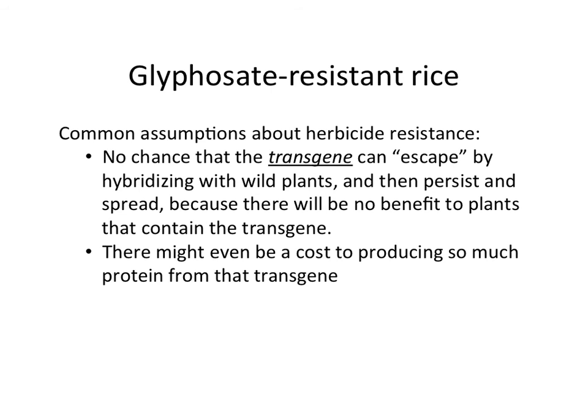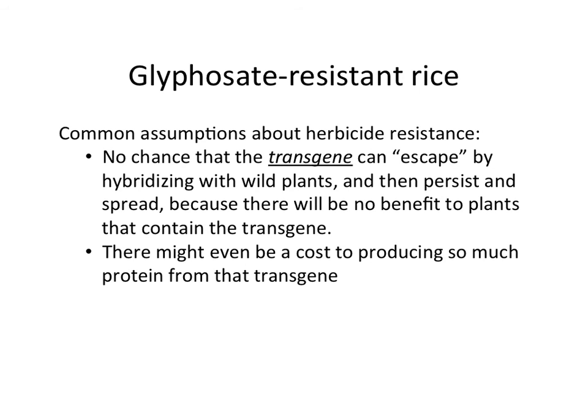Everybody assumes that the transgenic organism won't do any better than its wild relative in the absence of herbicide. Because otherwise, other than that one difference, one's herbicide resistant, one's not, they're the same species. So one won't outcompete the other. The transgenic organism isn't better off just by having a herbicide resistance gene when you're not applying herbicide.